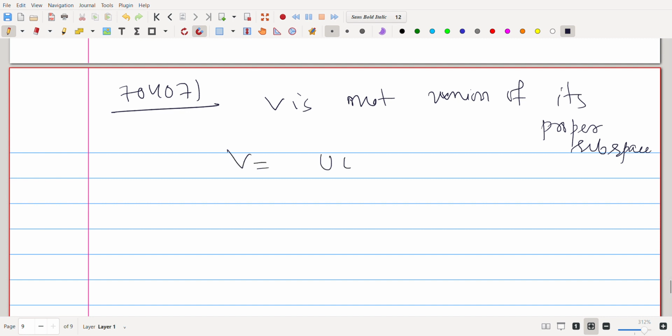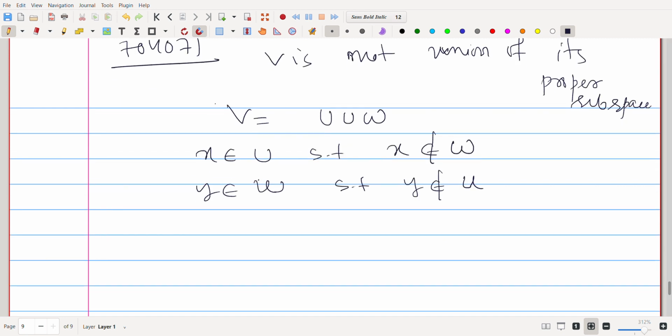Let V equal to U union W, where U and W both are proper subspaces. So let X belong to U such that X doesn't belong to W, and Y belong to W such that Y doesn't belong to U. So X belongs to V, Y belongs to V. Since V is a vector space, X plus Y belongs to V. Right?